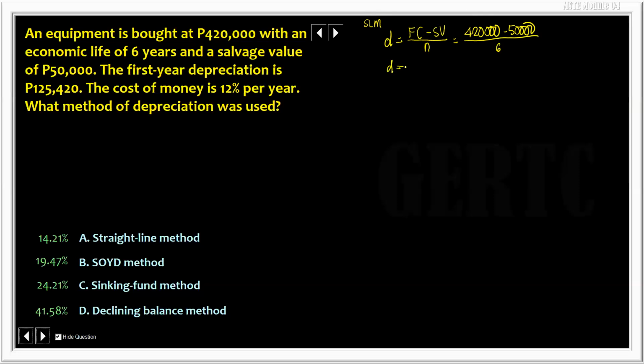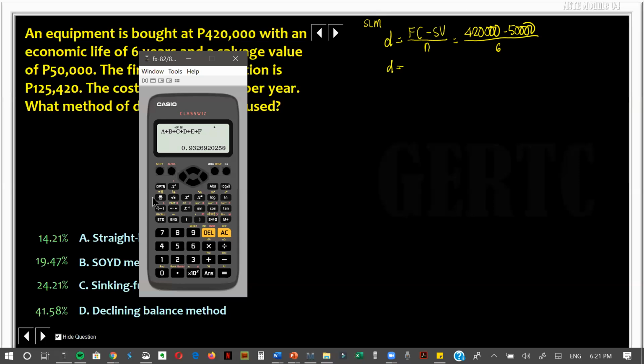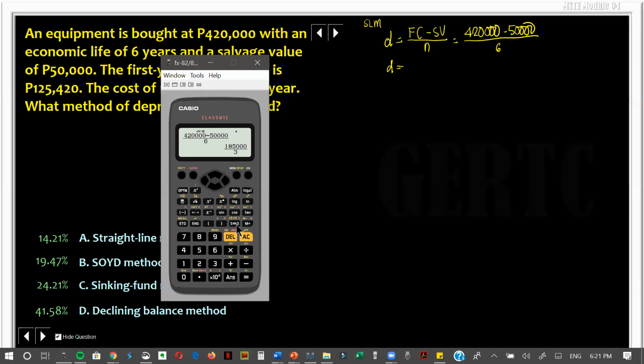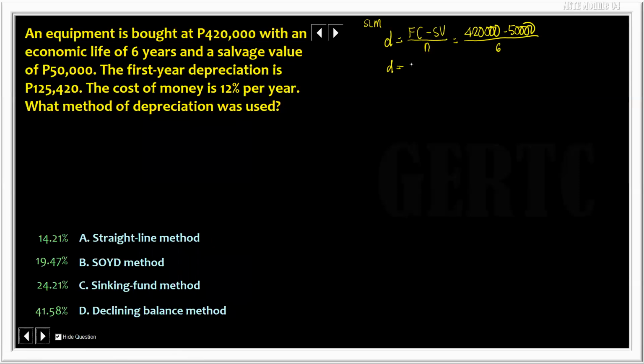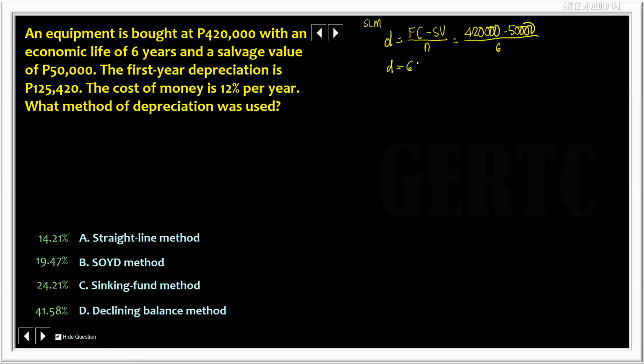This gives us 420,000 minus 50,000 over 6, that is 61,666.67, or 61,667.